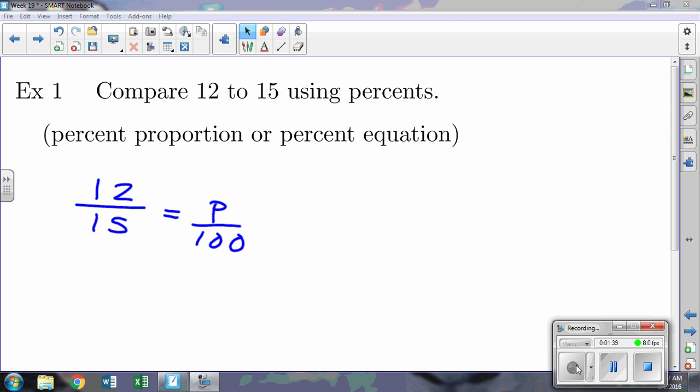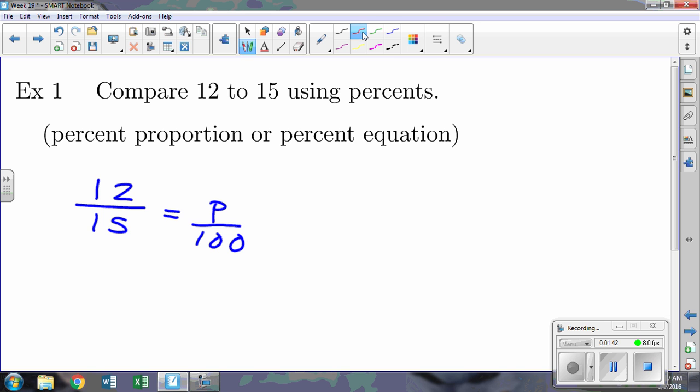To solve this proportion, or any proportion, one technique is to cross multiply. 15 times p is 15p, and 12 times 100 is 1200, and we've created an equivalent equation which we can solve.